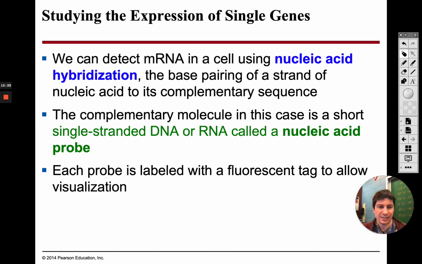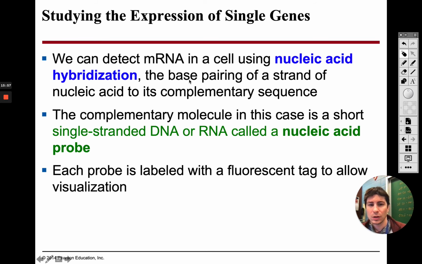In other words, guys, you can't see this stuff. It's so tiny that we're not going to be able to just say, oh, look, there's an A, there's a T, there's a G. We can't see it. So our first way is nucleic acid hybridization.